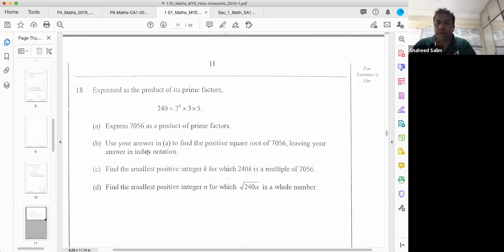A, you have no problem doing, right? For B, you need to ask yourself, these are perfect squares. So what number times what number gives you that? So how to do that?